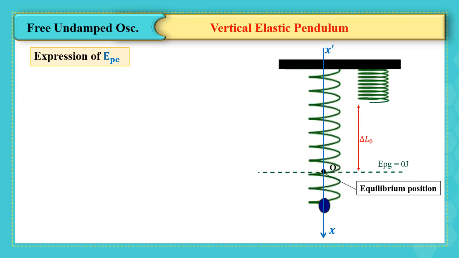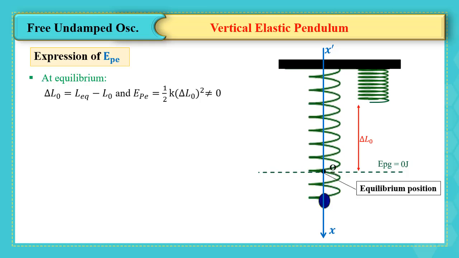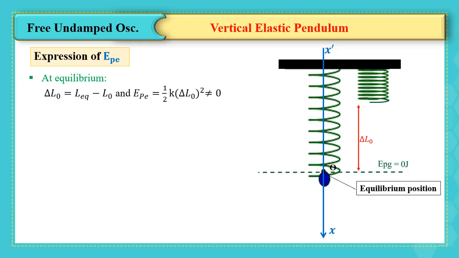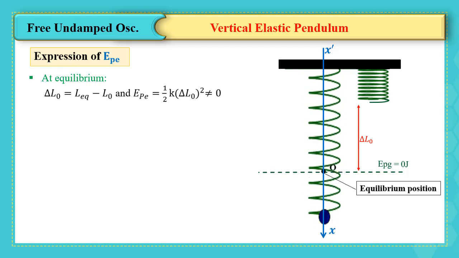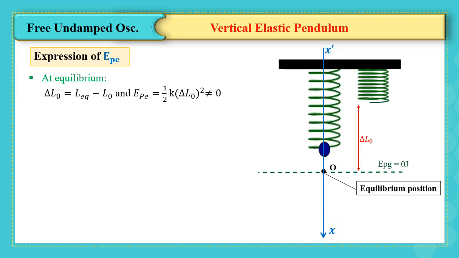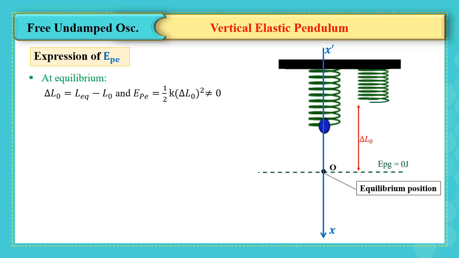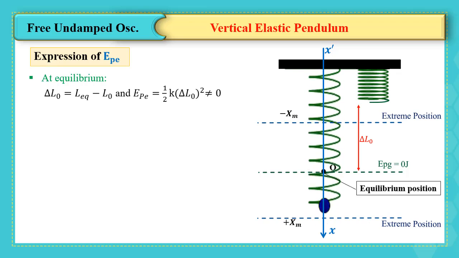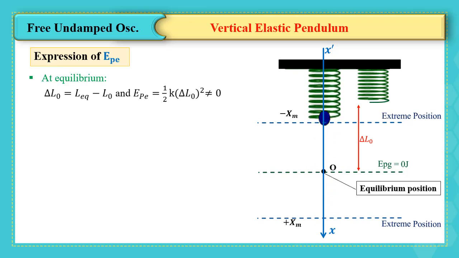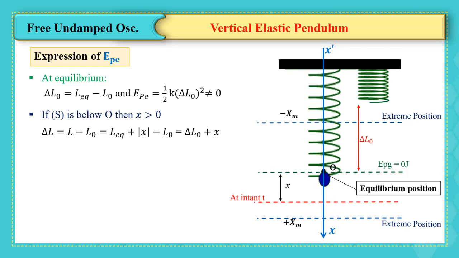Let's start at equilibrium. At equilibrium, delta L0 equals L at equilibrium minus L0. Then, the elastic potential energy is expressed as half k delta L0 squared. Then it is not 0 at O. Now, what if S lies between the two extreme positions, plus xm and minus xm? Choose the first position where S is below O, then in this case x is positive.